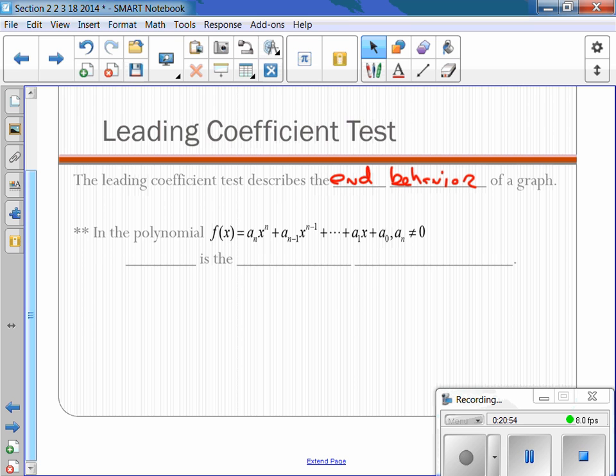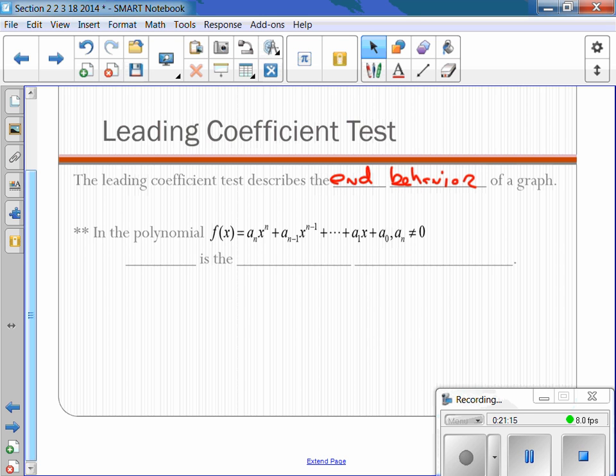What the graph does after it's done changing. Absolutely. At the end parts, right? When it's done doing its increasing, decreasing, or whatever have you, when it's done all of its relative max, relative min, what's going on with the end? Is it rising or is it falling? It's going to definitely help us graph that particular function.